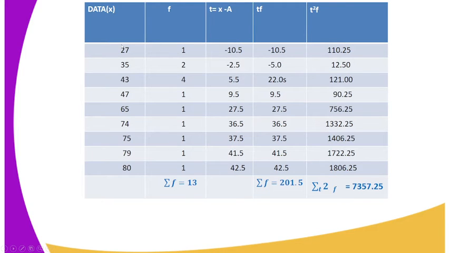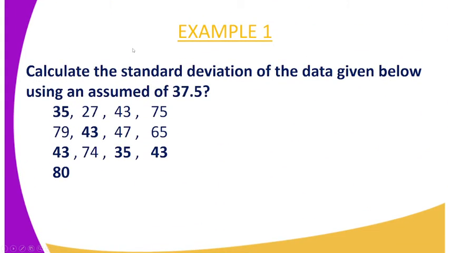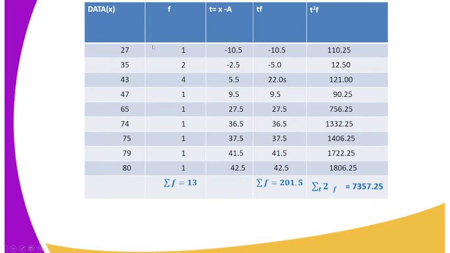You take the value x, that is the data, and subtract the assumed mean, in this case 37.5. Then you fill in the t column, the resultant answer becomes negative 10.5, and you repeat the same with the remaining data, and you fill the entire column.